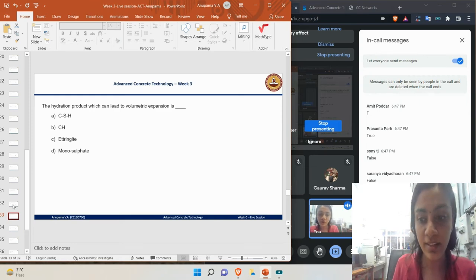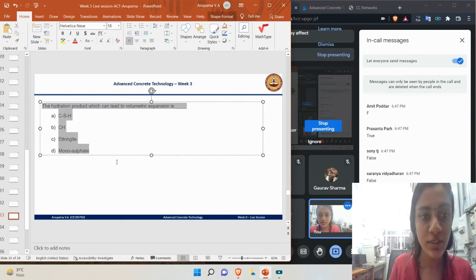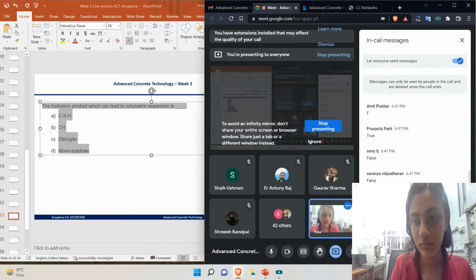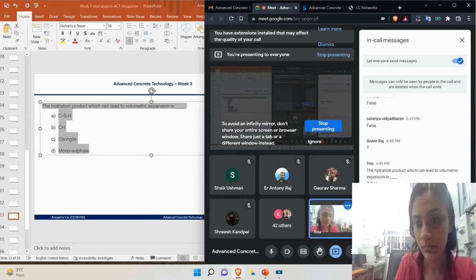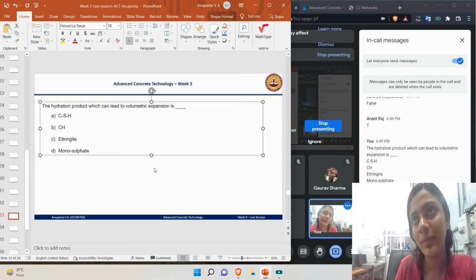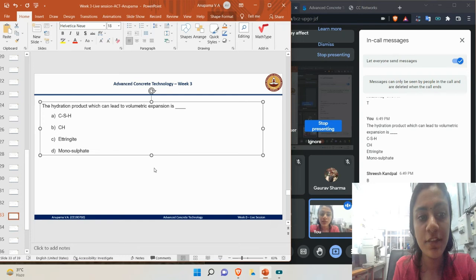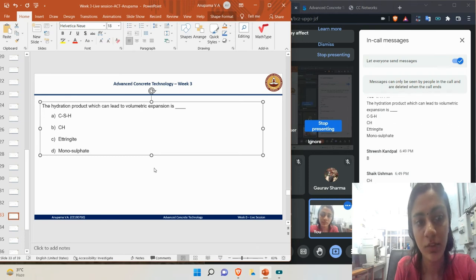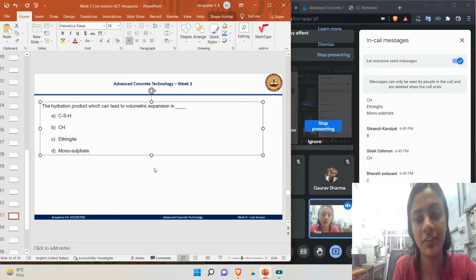Moving on to the next one: the hydration product which can lead to volumetric expansion in concrete. Here I'd like to explain the question. If something is formed in concrete, it causes expansion. Options are CSH, CH, ettringite, monosulfate. So what causes an expansion?